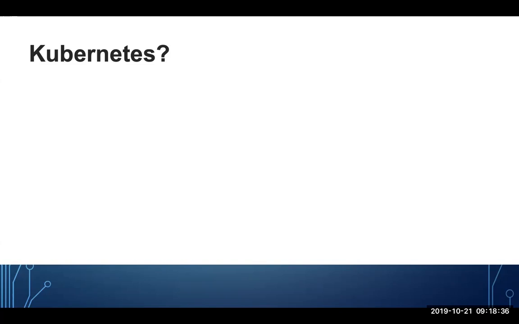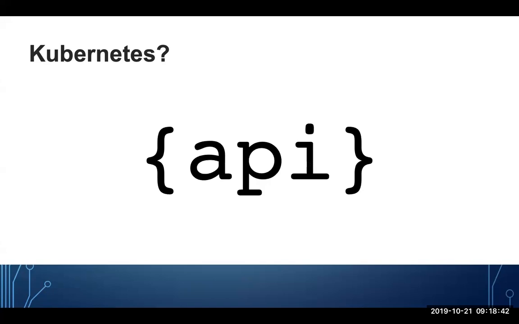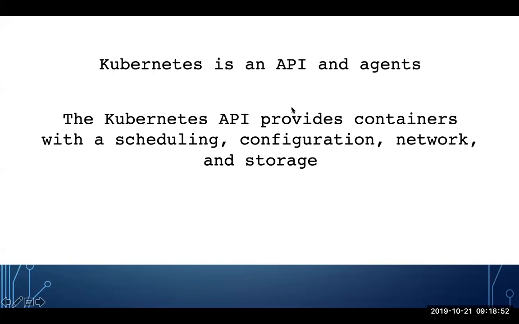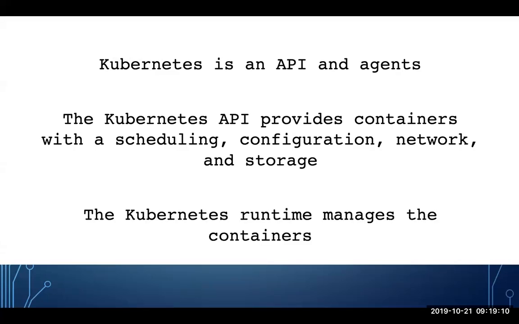The easiest definition I found when talking to people is really, it's an API. So what does that mean, right? Kubernetes is an API and a collection of agents that helps you provide containers with scheduling, configuration, networking, storage. So it is actually taking care of all those underlying tasks, as an operating system would. I actually like that analogy, but it is really an orchestrator, what we would say. And then you have a runtime that manages the individual containers.